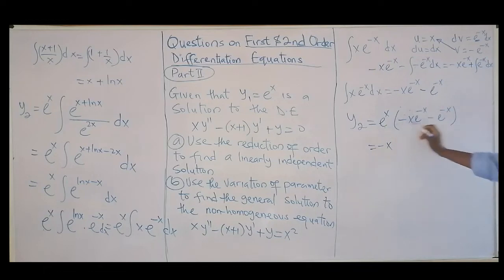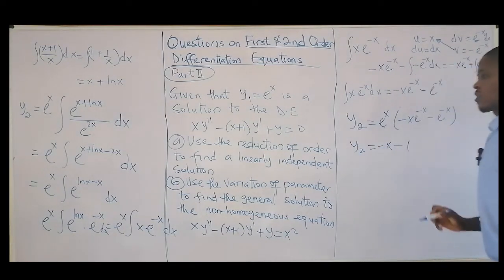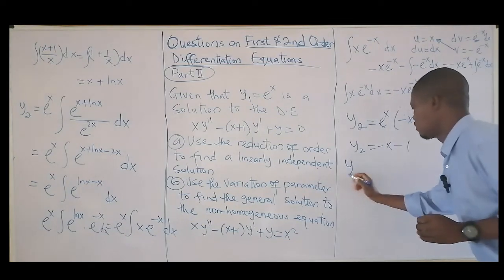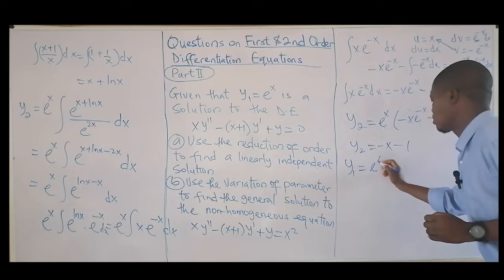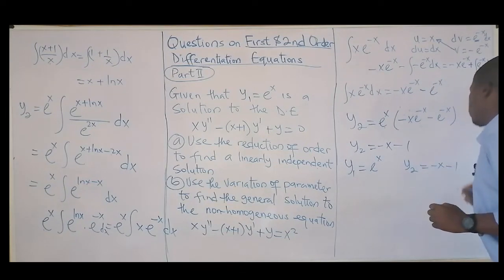This one also will give you e to power 0 using your indices, and that's also -1. So that's y2. We have done what we are told to do. So y1 for the given problem is this, and y2 is -x - 1.